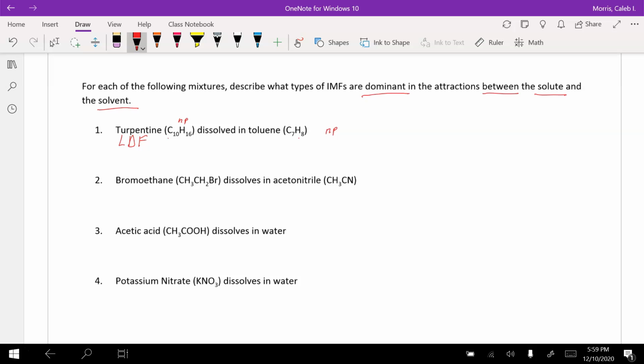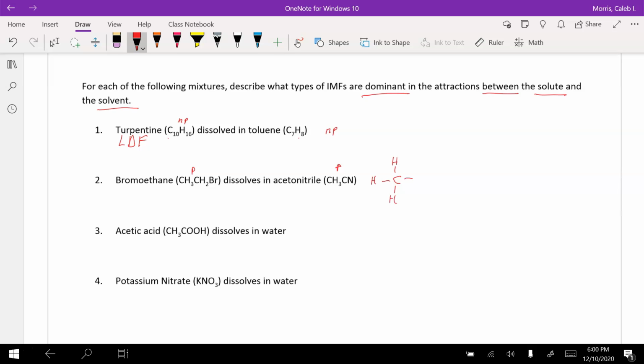Then we have bromoethane. This one looks like it's at least slightly polar. And then we have acetonitrile. This one also looks like it's polar. I don't see any hydrogen bonding. I don't think there's any way that we could have hydrogen bonding here because acetonitrile says CH3, so that means that we've got 3 hydrogens on the carbon.